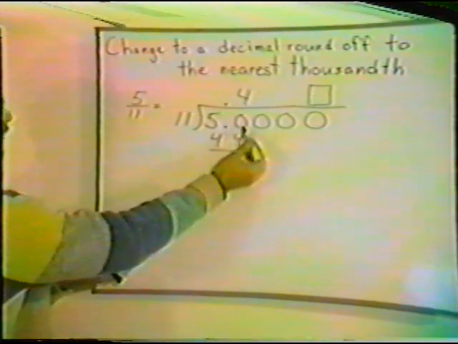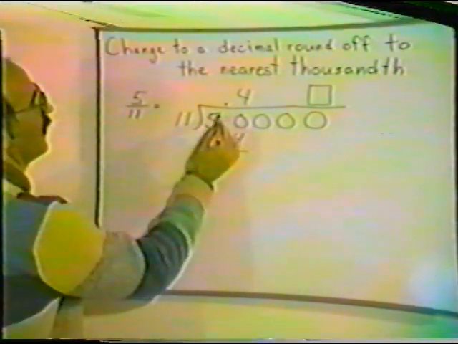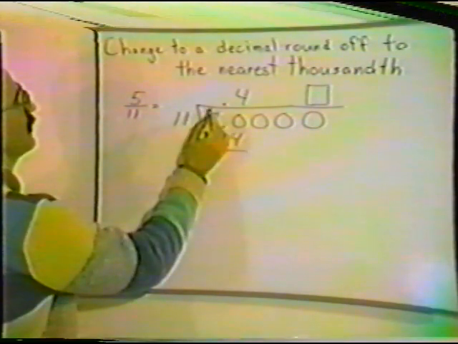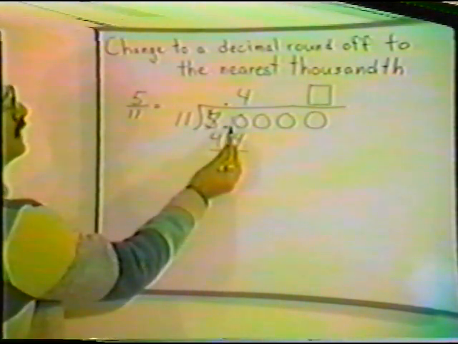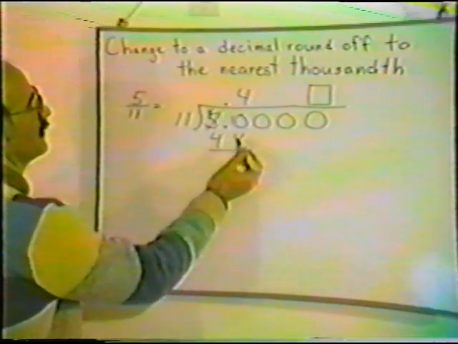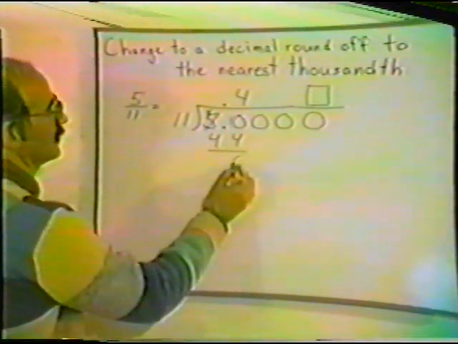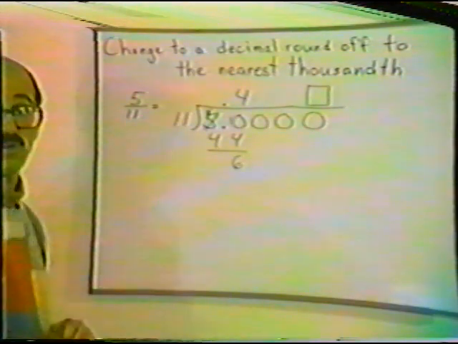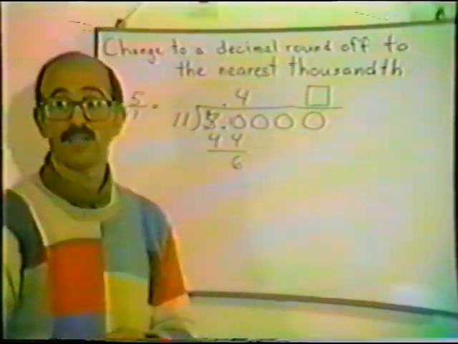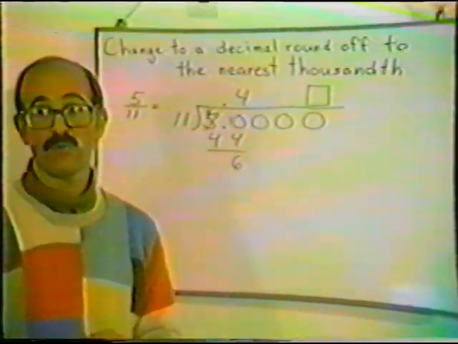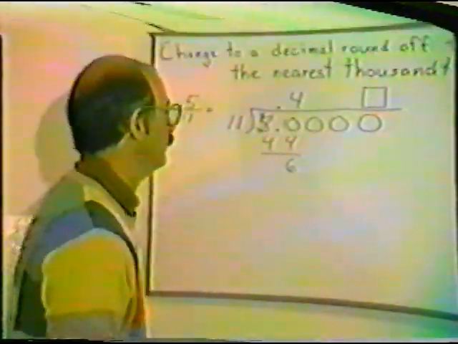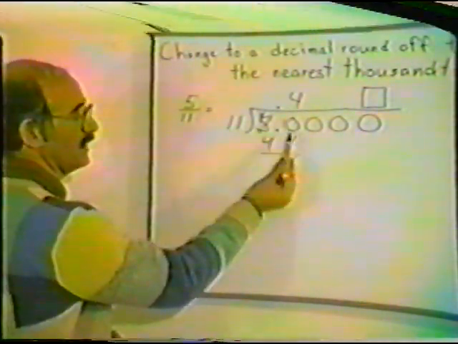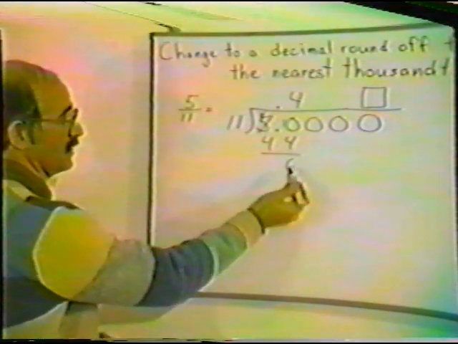Well, if we say 0 take away 4, then we must say can't do and make the 0 into a 10, and 10 take away 4 is 6. If you're able to subtract 50 take away 44 without doing that extra step, then you don't have to do it. You can just say 50 take away 44 is 6.